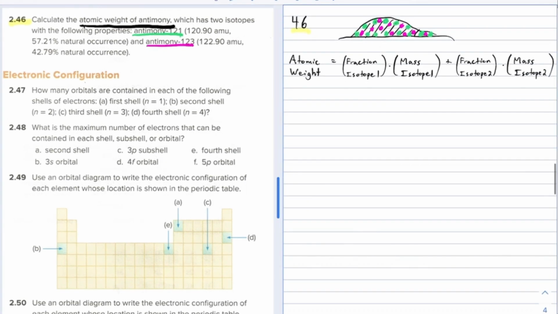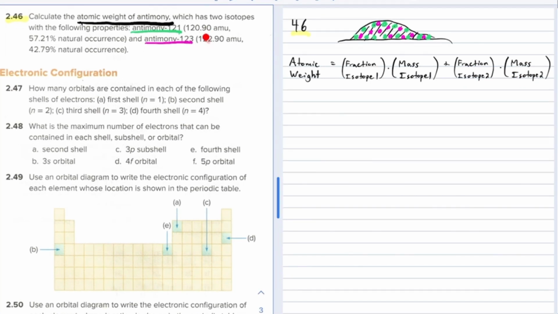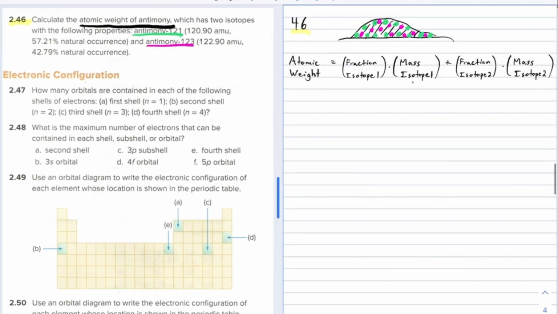To calculate the atomic weight, you take the fraction, which is isotope number 1, and multiply it by its mass, and then you add the fraction, which is isotope 2, times its mass. Now we're given the two masses of the isotopes, so we can directly plug those in. So let's plug in the mass of isotope number 1. Let's just say this is the 121, and that's the 123 that we're talking about.